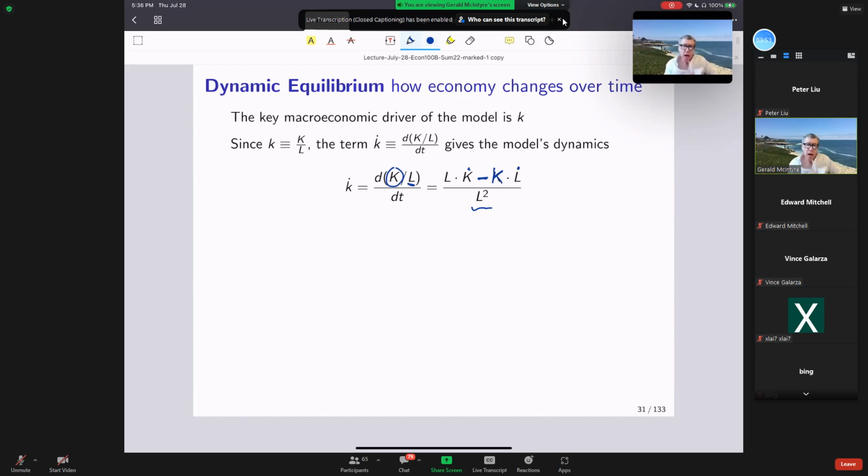I'm going to rearrange this. I can simplify this by dividing L squared into both terms in the numerator. That's L dot. It's not I dot, it's L dot. Small i's always have dots, so I can't help that. Here, any dotted variable is a time derivative.